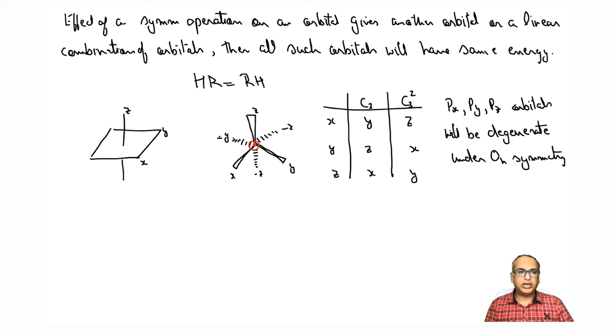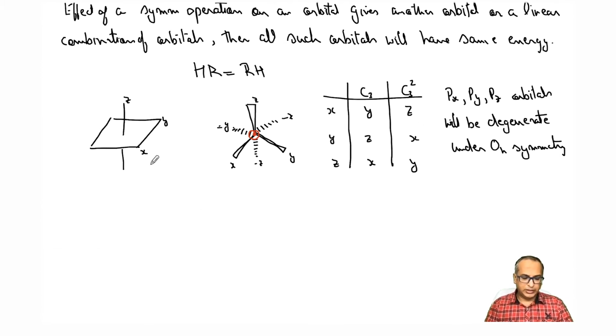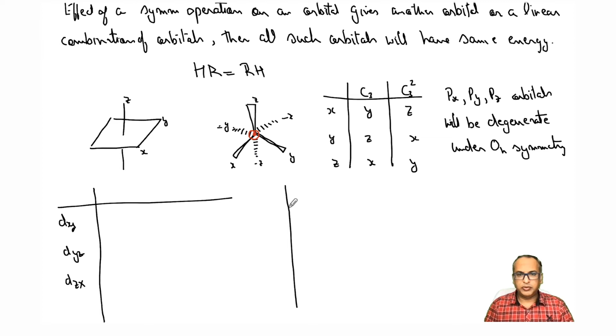Similarly, let us also look at d orbitals now. So we have dxy, dyz, dzx, and maybe here we will draw the rest of the two: dx square minus y square and dz square.